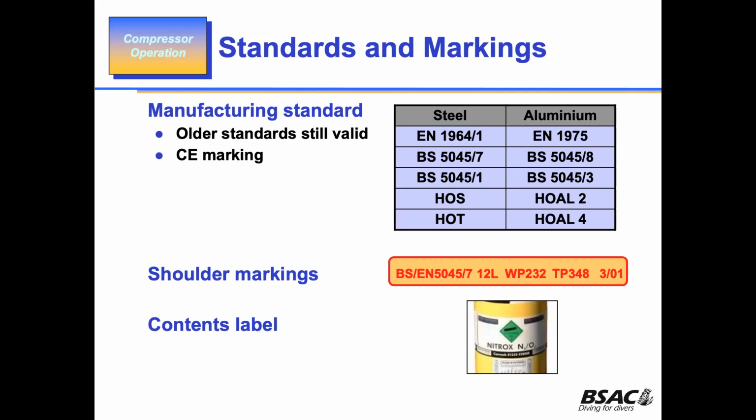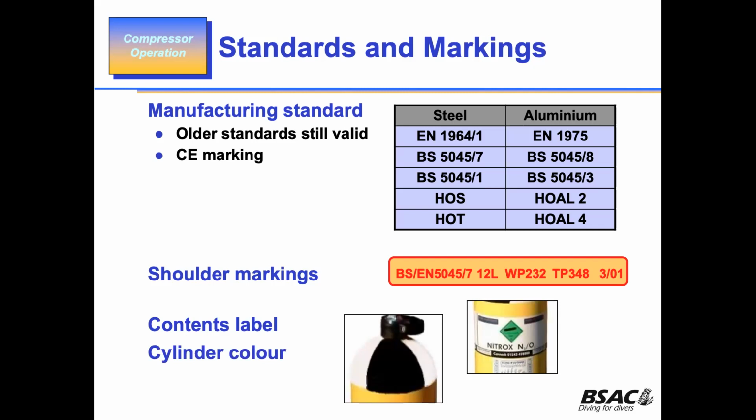And you also get a contents label. So you might have a label like that, nitrox, right? Which will also be on the cylinder to tell you that that cylinder is able to receive nitrox. And then you've got shoulder markings, right? And the shoulder marking, regardless of what colour the cylinder is, should be black and white quarters, okay?